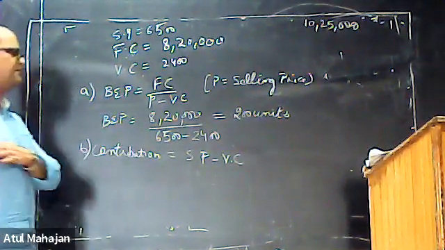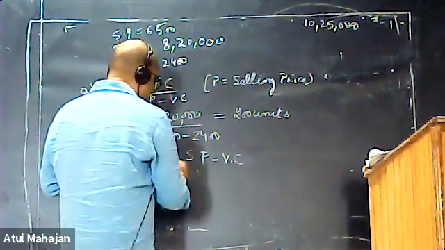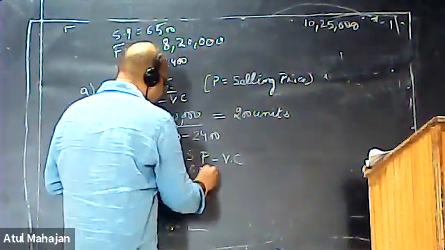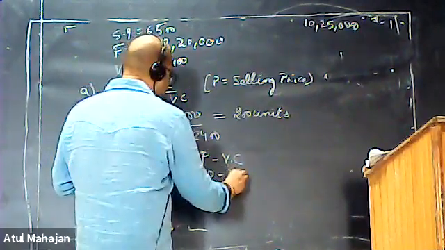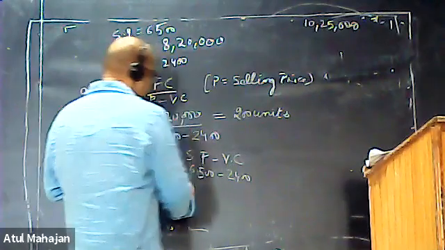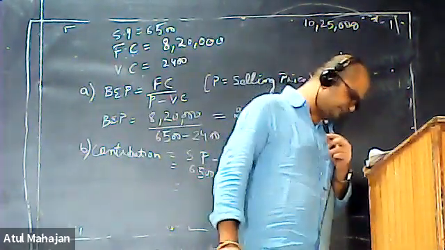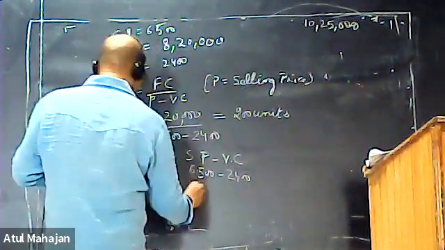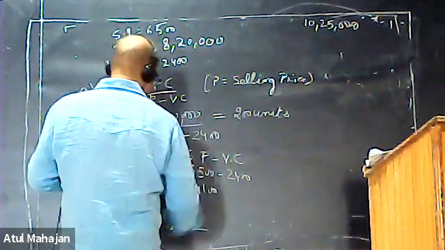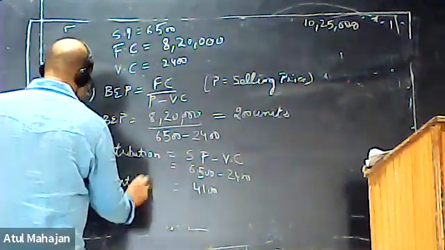The selling price is 6,500 and the variable cost is 2,400. So 6,500 minus 2,400 is equal to 4,100. That is the contribution here: 4,100.